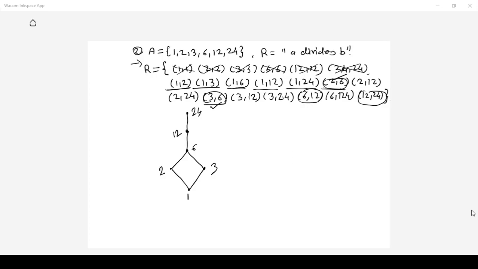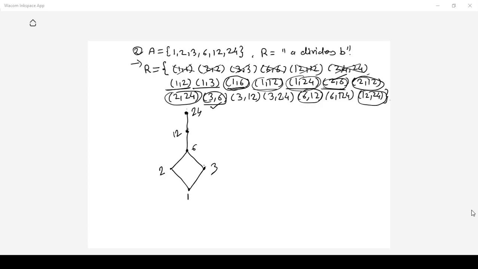Now what about the remaining pairs? All these remaining pairs have come in transitivity. See, 1 comma 6: 1 divides 3, 3 divides 6, means 1 divides 6, transitivity. Then 1 comma 12: 1 divides 3, 3 divides 6, 6 divides 12, 12 divides 24, means 1 divides 24, covered, right? 2 divides 12: 2 divides 6, 6 divides 12, 12 divides 24, so 2 divides 24, that will come in the chain.